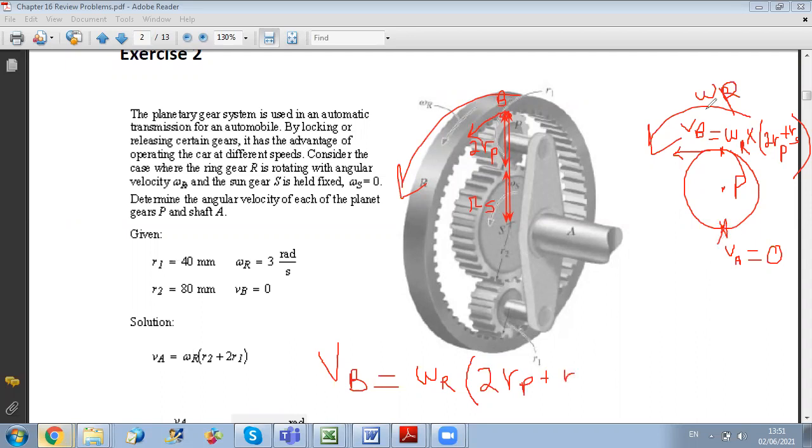So VB should be equal to omega P times the distance to the instantaneous center, which is 2rp. So now I can write that omega R times 2rp plus rs is equal to omega P times 2rp.